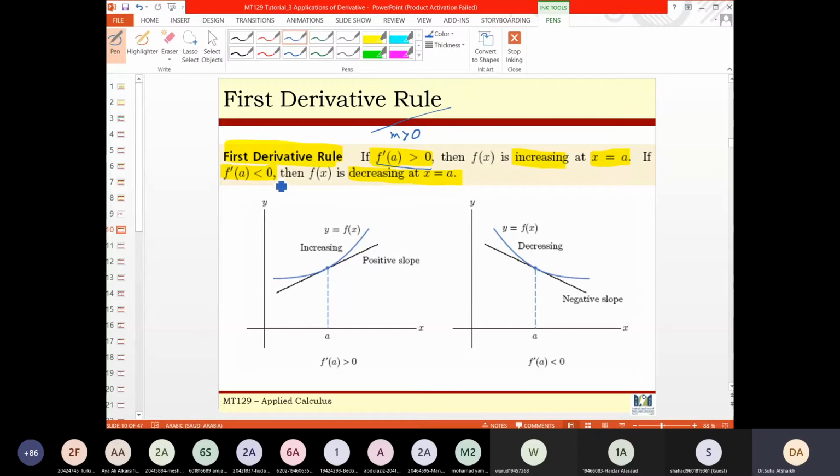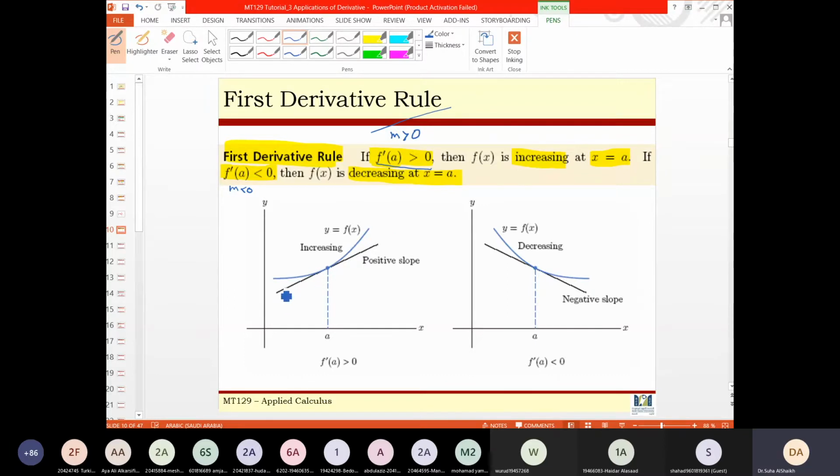Also if f dash is negative at the point, it means the slope of the tangent line is negative at this point, meaning the tangent line is decreasing, meaning the function is decreasing. You can see it here. For example, here the function is increasing, you see it in the blue? You have the function in the blue here at the left. The function is increasing. The tangent line goes up.